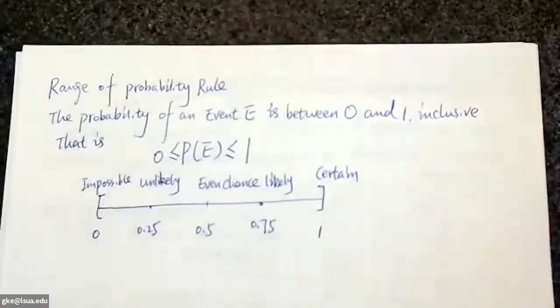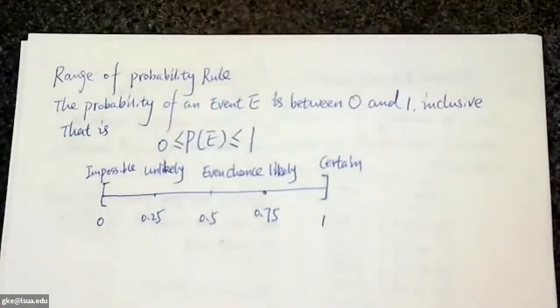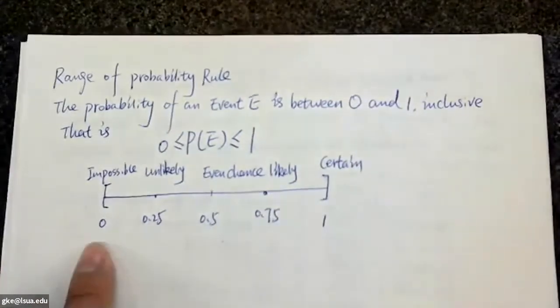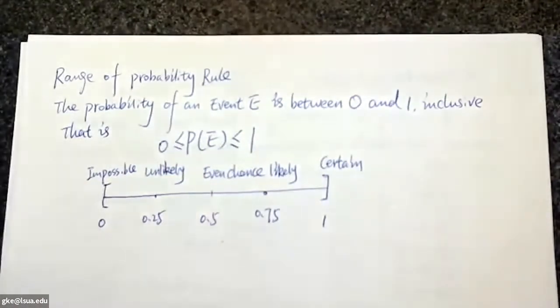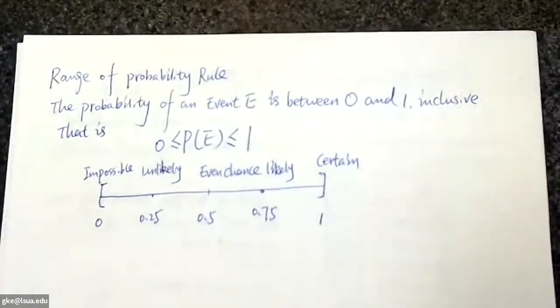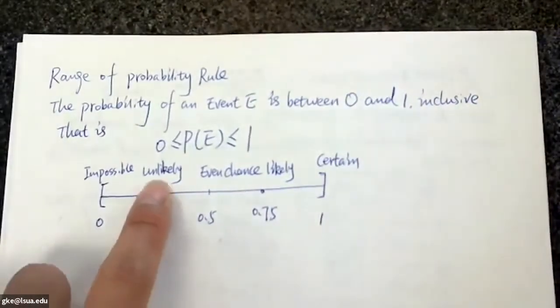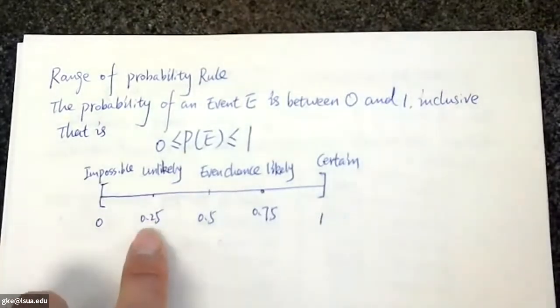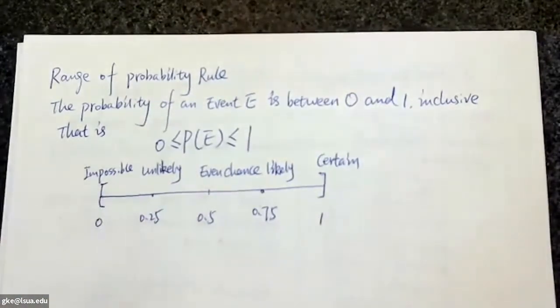Okay, so I just want to give you guys a rough idea of the meaning of the probability for a specific value. If a probability equals 0, that thing couldn't happen. Impossible. If some event has a probability around 0.25, that means that event is unlikely to occur.